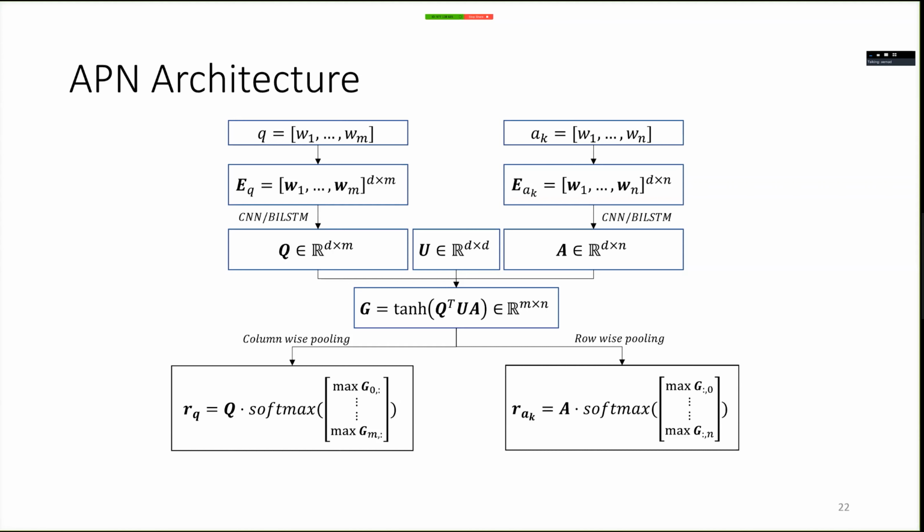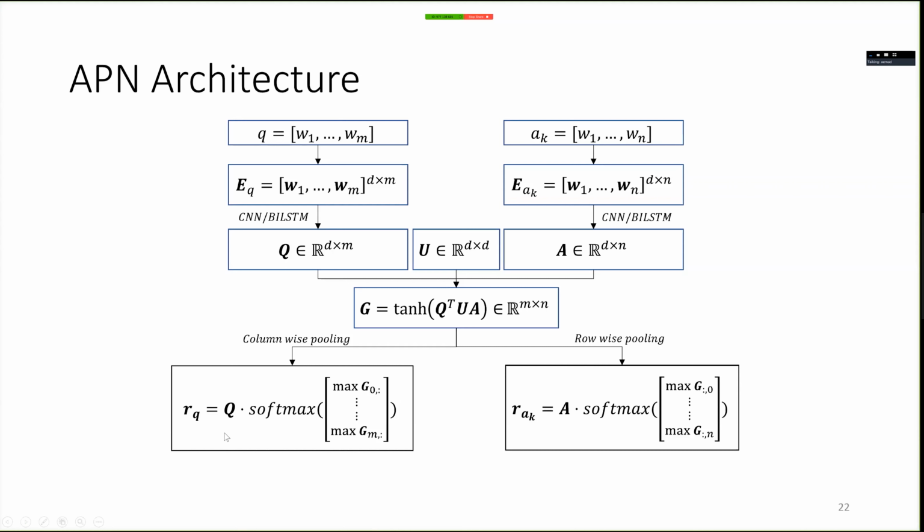You do that for all the words of the question, so you end up with a vector that is also learned. It has the same length as the number of words in the question. Then you softmax that, of course, to get probabilities.